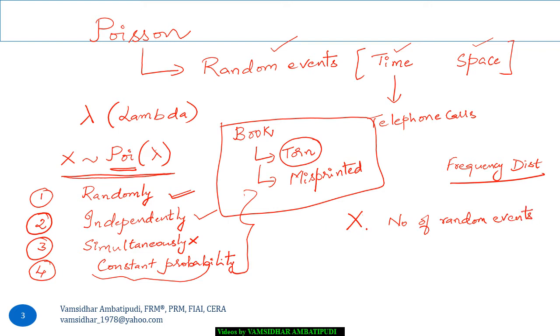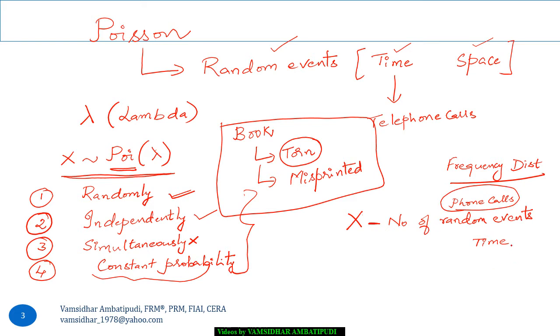So when I talk about x as the number of random events in a particular time, the mathematical part is that I want to understand the number of phone calls. Here the random event I am talking about is a phone call.